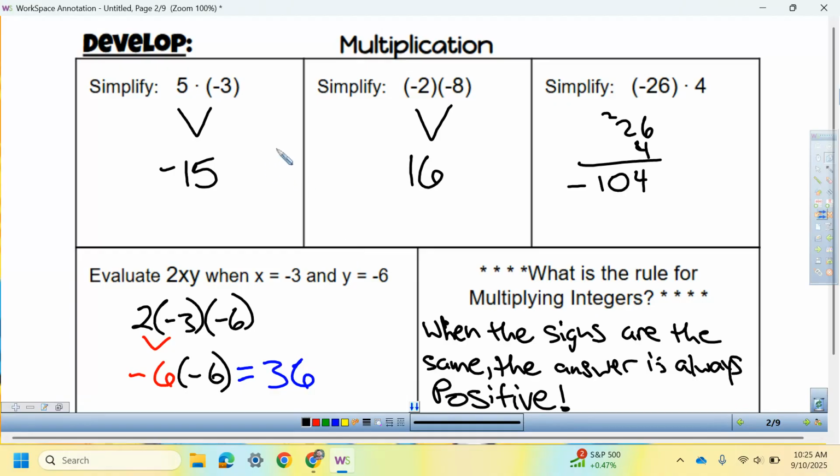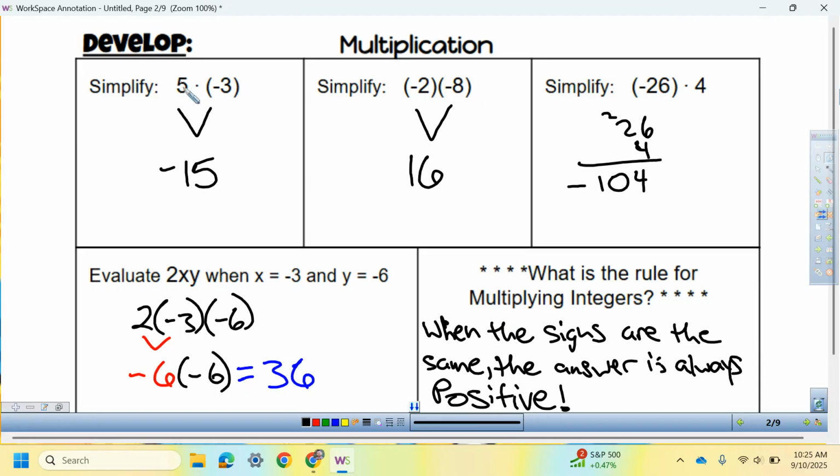That goes back to what you learned in elementary school. A positive times a positive is always going to get you a positive answer. Now that we know about integers, you're also going to need to remember that a negative times a negative is also going to give you a positive answer. So the easy way to think about it: when you're multiplying, if the signs are the same, multiply like usual, just make sure your answer is positive.